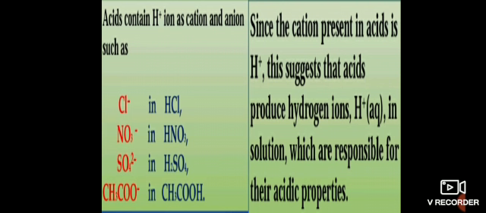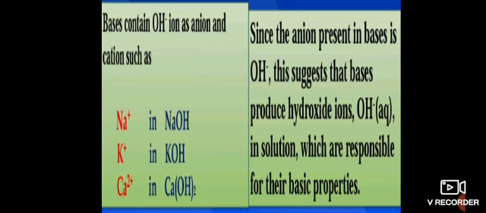Since the cation present in acid is H+, this suggests that acids produce hydrogen ions, that is H+, in solution, which are responsible for their acidic properties.